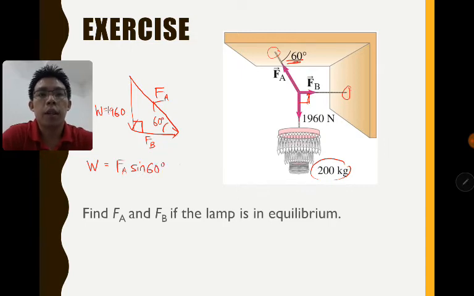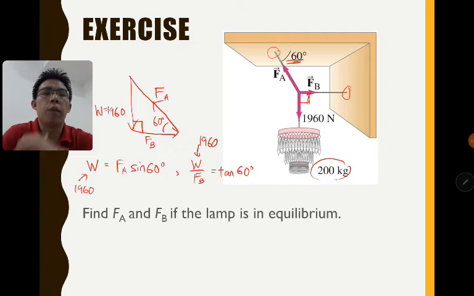And for FB you can use tangent: W divided by FB equals tangent 60. So you put in 1960 and 1960, then you should be able to find FA and FB.